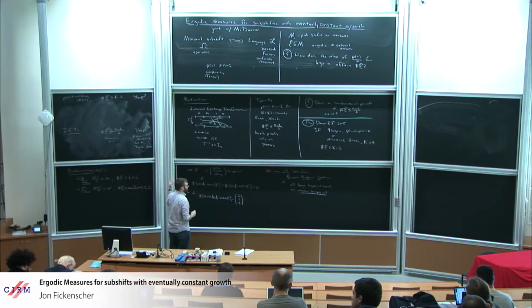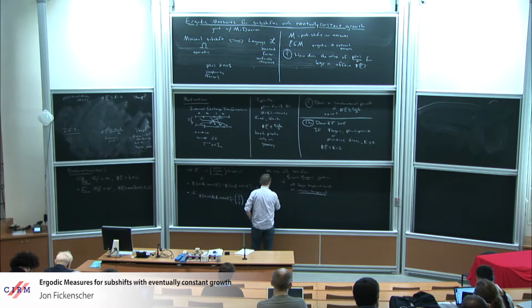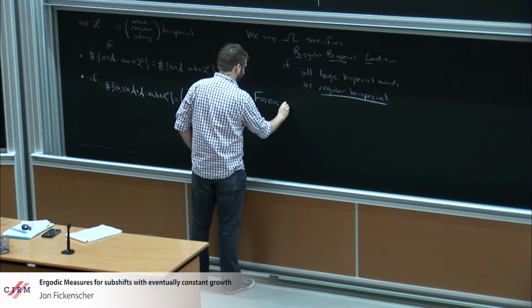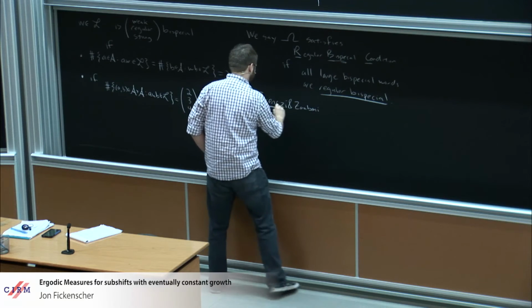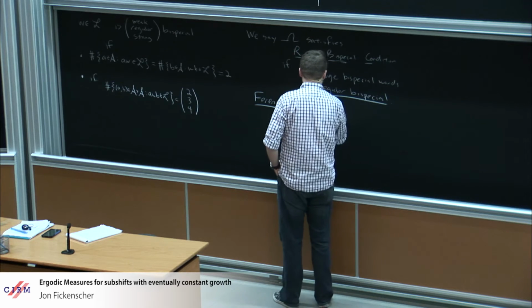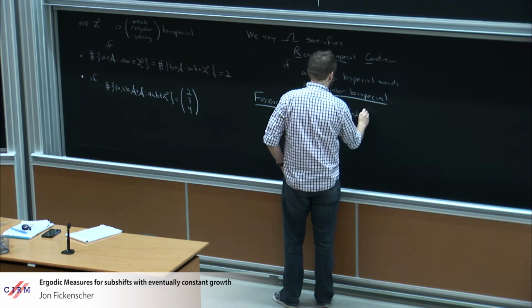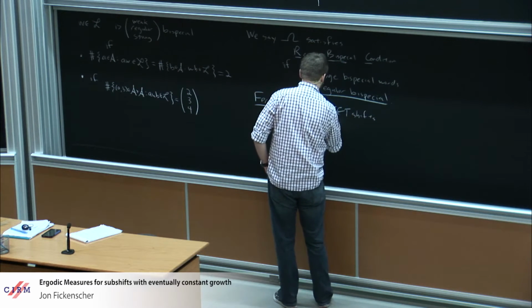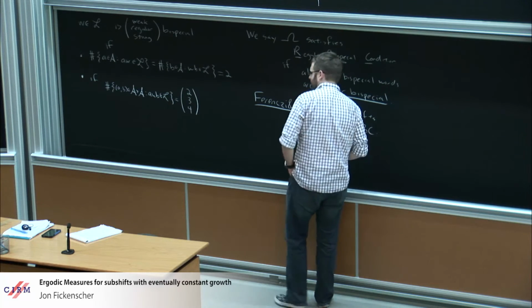And I should remark, because I'd like to fit it into this picture, that there is a paper by Ferenczi and Zamboni in the London Journal from, I think, 2008. And it tells us that shifts that come from IETs satisfy the regular bispecial condition.